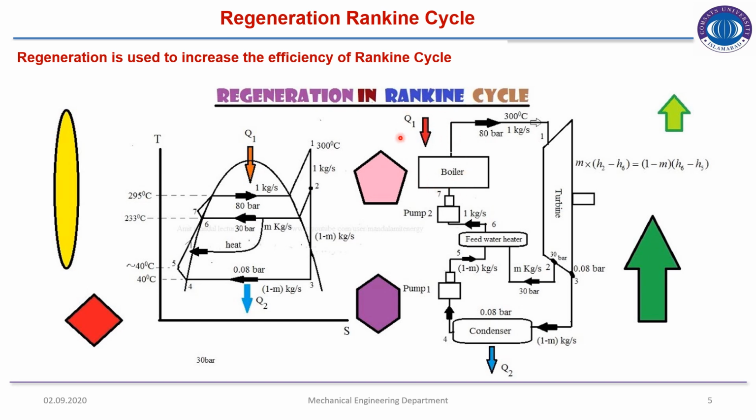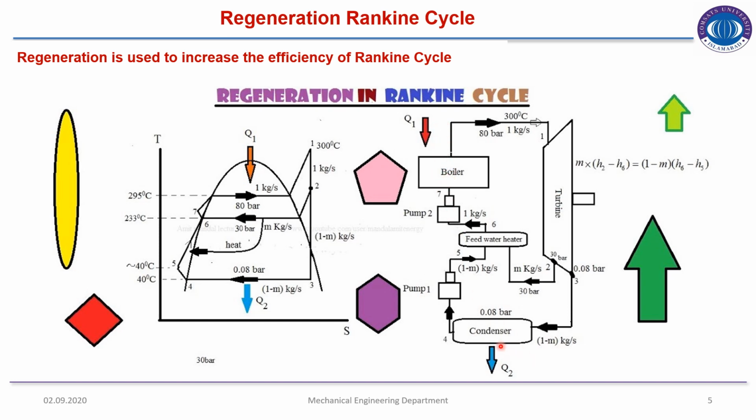And also, we are saving energy in two steps. Step one is we are introducing less fuel, and we will be needing less heat introduced into the boiler. So the working fluid entering into the boiler is already at high temperature, and a less amount of fuel is required to increase its temperature.